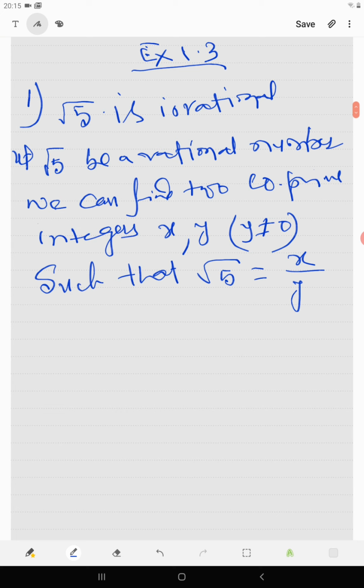Since a rational number is nothing but a ratio of integers, and we have assumed those integers are co-prime, x and y are co-prime integers where y is not equal to 0. X can be 0, but y is not 0. So root 5 can be represented as x by y.